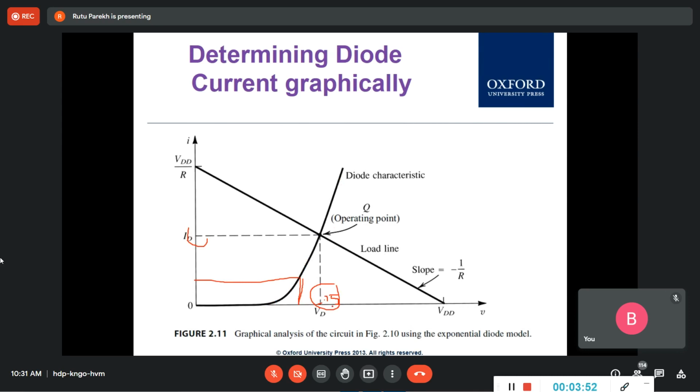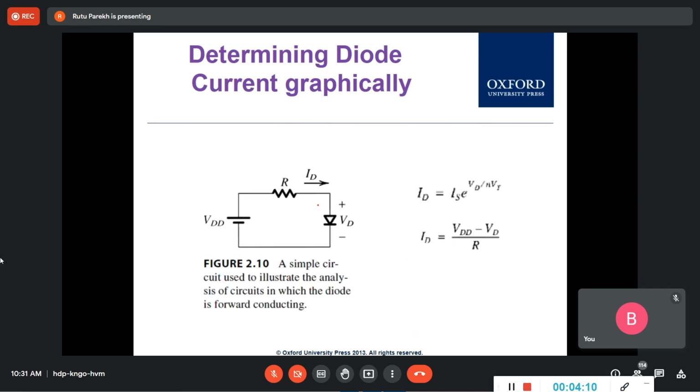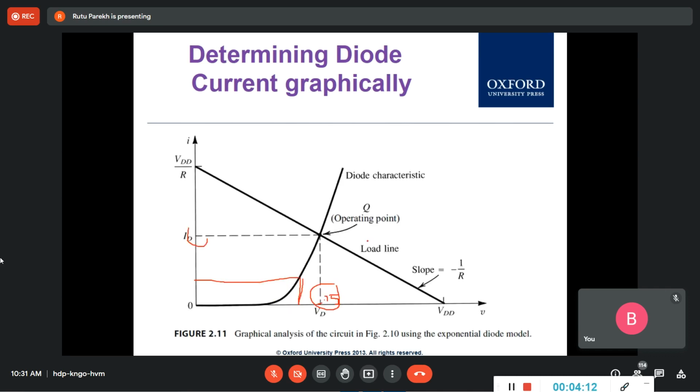If you just plot the diode alone and vary it, you will get this graph, this line. The diode, at some point, satisfies that for this voltage this is the current. But we have to find out, in this circuit, what ID and VD are flowing.